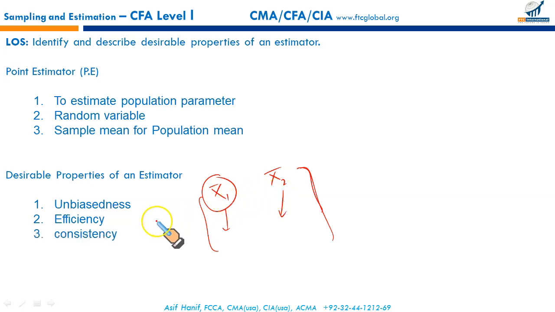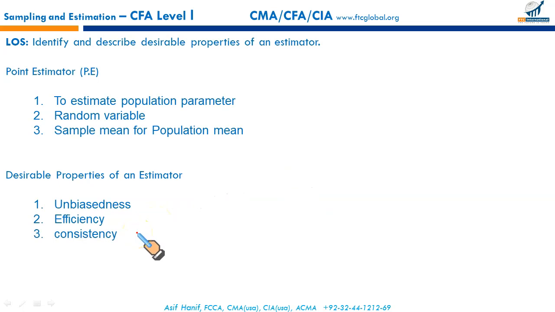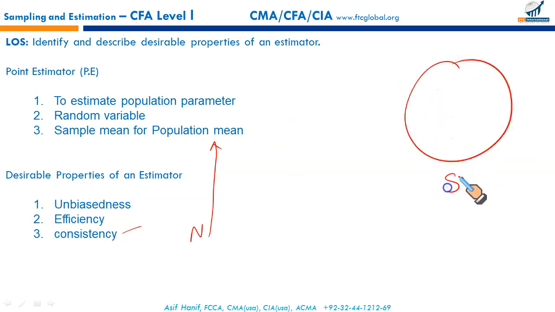Now the third one, consistency. Now this is an interesting property. If your point estimator is consistent, as you keep on increasing the size of the sample, then the probability of finding the actual parameter would approach 100%. Now let's say you're talking about S&P 500, and initially you took a sample size of 50.